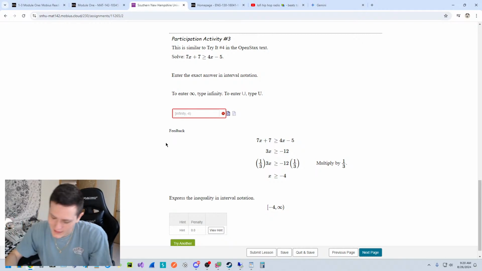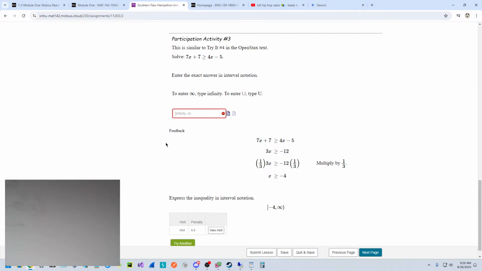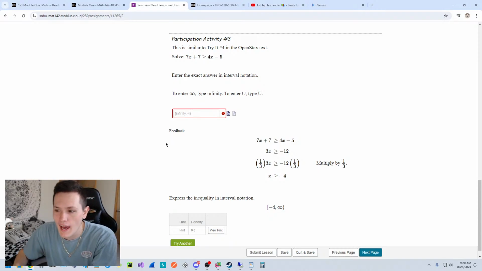You know what's crazy is my math is right. Like, I got the correct answer. No, I didn't. Wait, yes, I did. I'm just looking at it backwards. See? X greater than or equal to -4. My math is right, but I don't understand what they were asking.